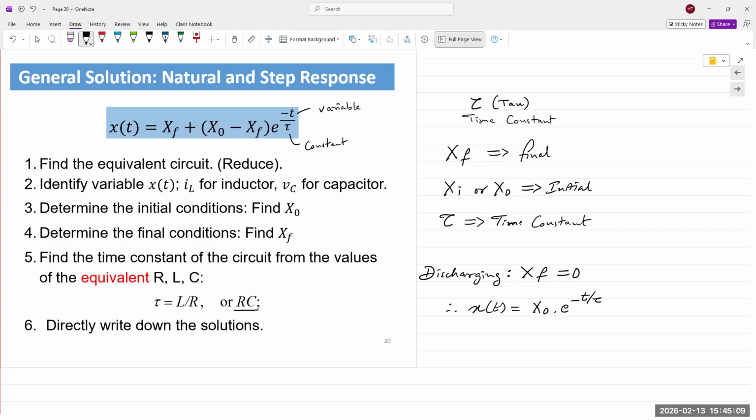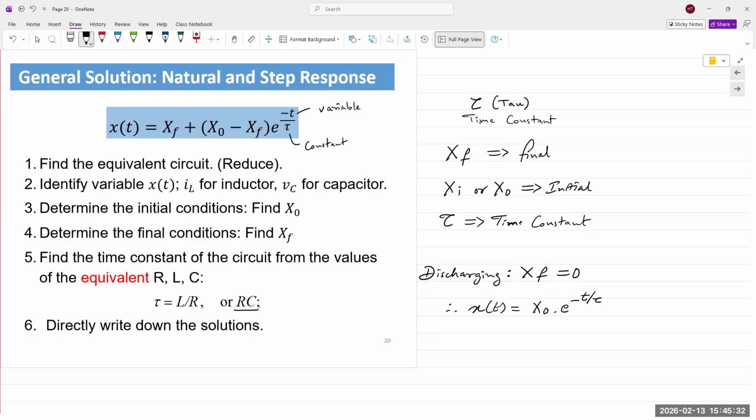Any questions at all? I'm sure there are lots of questions. Again, transient response, meaning the energy transfer phase in a circuit, whether the energy is flowing into the components or out of the components, it always has an exponential form. If it's flowing into the components, we say it's charging.